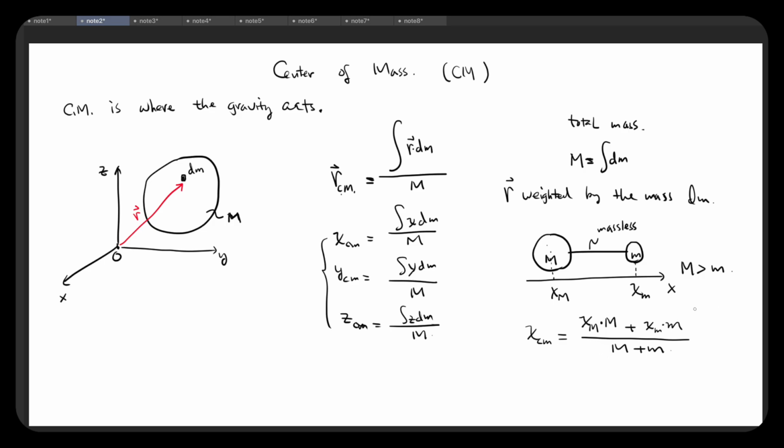Clearly, because big M is greater than little m, the contribution of this term is greater than that term.